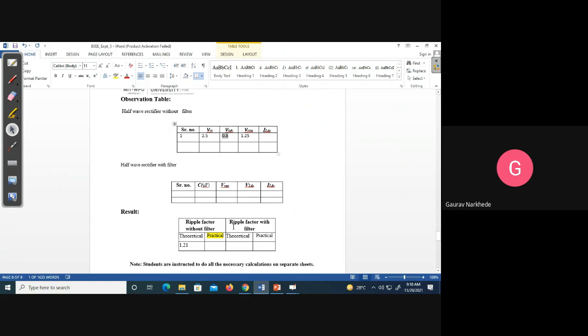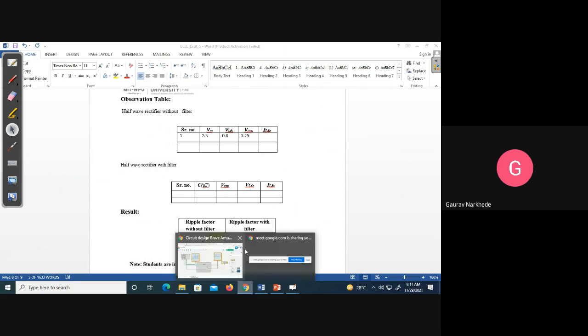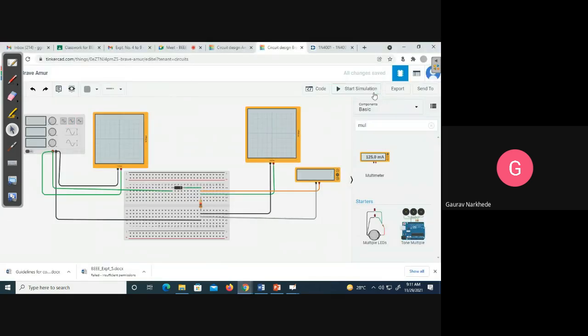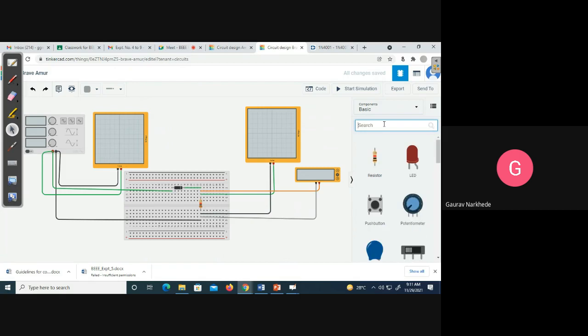Now we want to study half wave rectifier with capacitor filter, right? So again, I will go back. I will stop simulation, and I want to connect a capacitor in parallel with this resistor. So I will use a capacitor. तो ये polarized capacitor लेता हूं मैं.